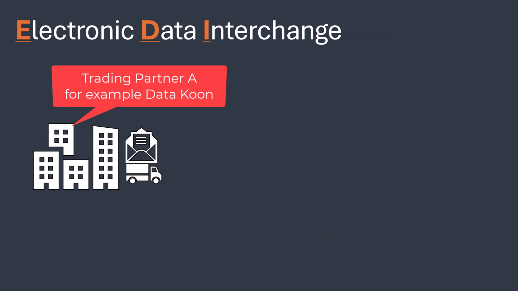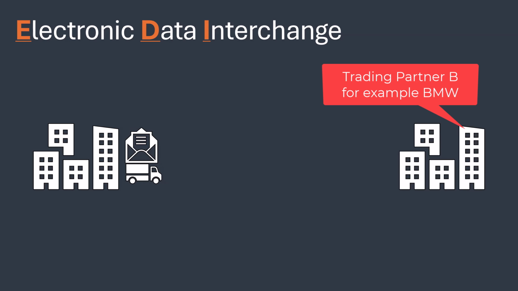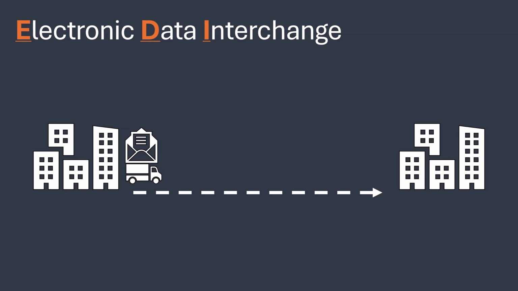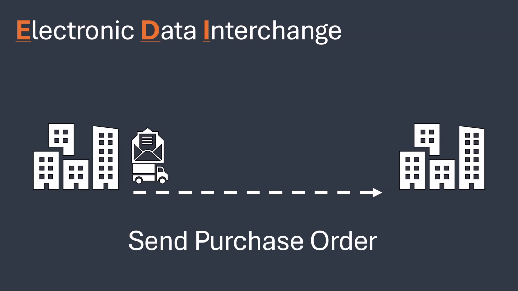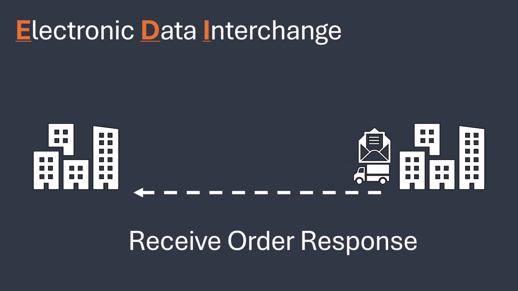On the left side, we have company A. On the right side, we have company B. Company A now sends a purchase order to company B. Company A then receives an order response from company B.